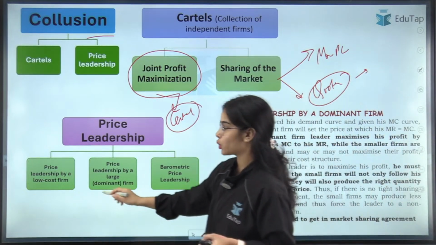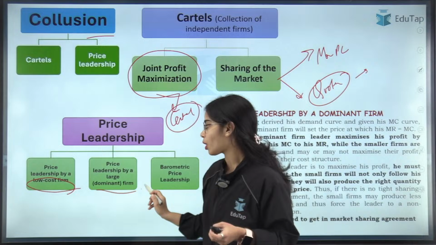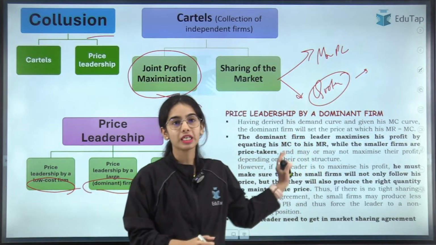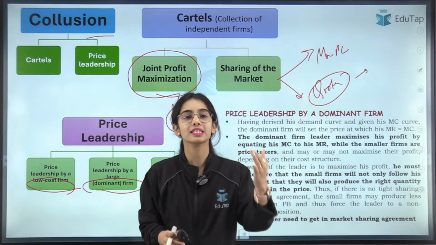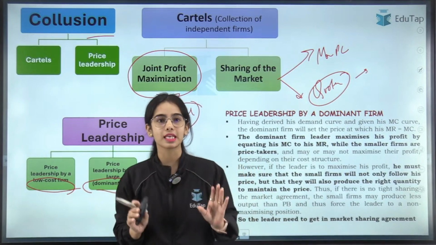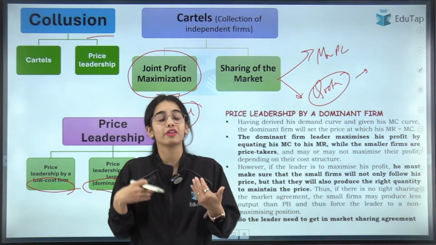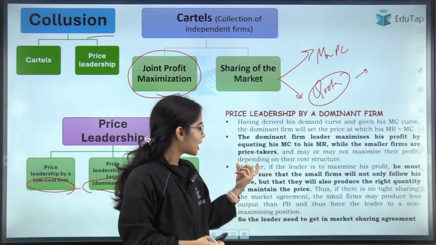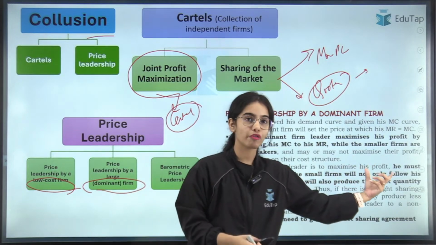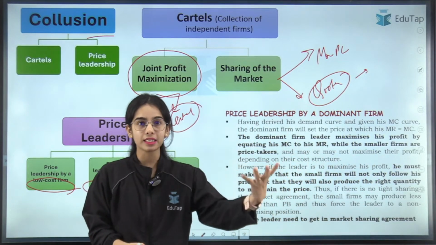Price leadership, the low cost firm can be price leader or the dominant firm can be price leader. If the dominant firm is the price leader, then the dominant firm will decide the price and the other firms will charge the same price. Even if they are making high profits, low profits, they will charge the same price. And how, if the leader is to maximize his profit, he decides the price.